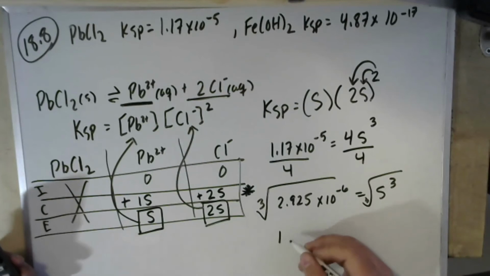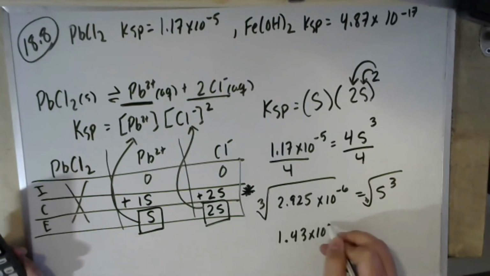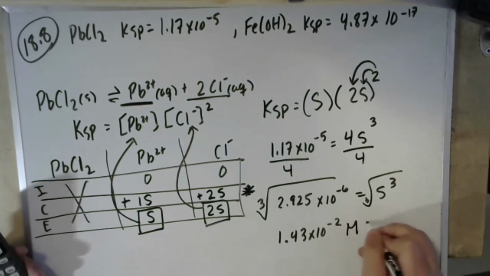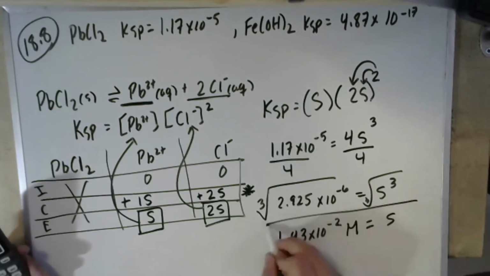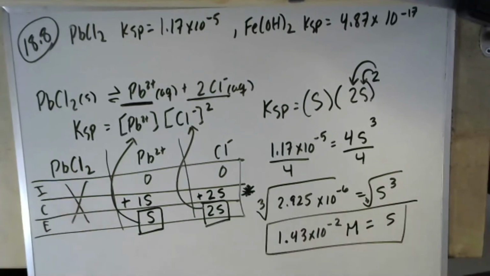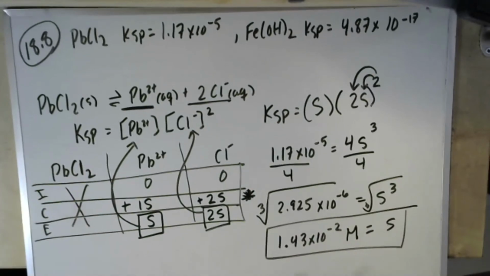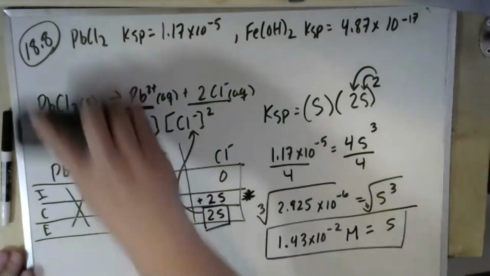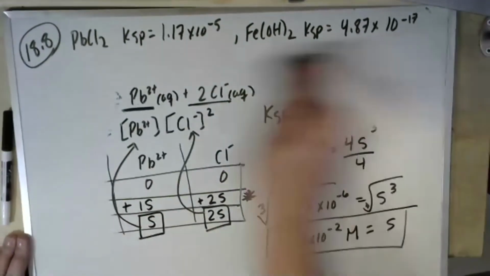And we're going to get a molar solubility of 1.43 times 10 to the negative 2. Okay, so the math looks a little bit different, but it's not hard. All right, so let's try it for the second compound that we have here, the iron 2 hydroxide.